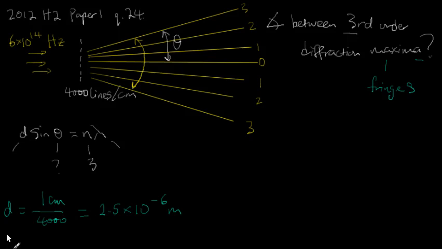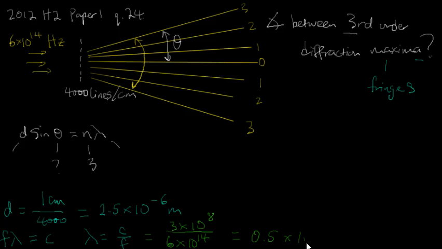We know that f lambda is equal to c, the speed of light. So lambda is equal to c over frequency, and c, the speed of light, is 3 times 10 to the power of 8, divided by the frequency, which is 6 times 10 to the power of 14. So once again, 0.5 times 10 to the power of minus 6 of a meter.